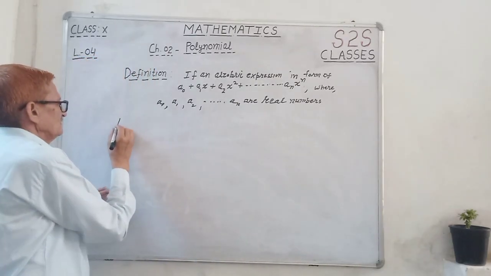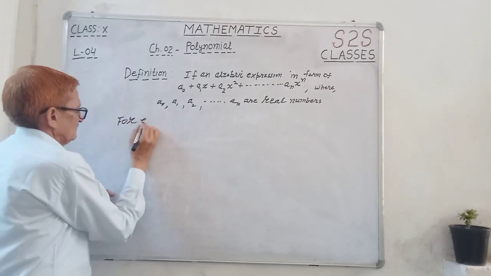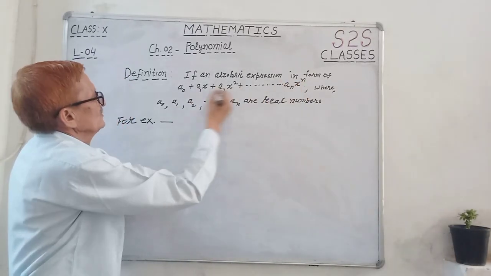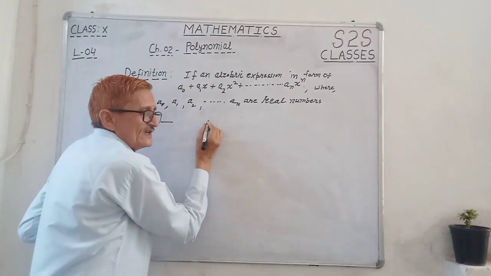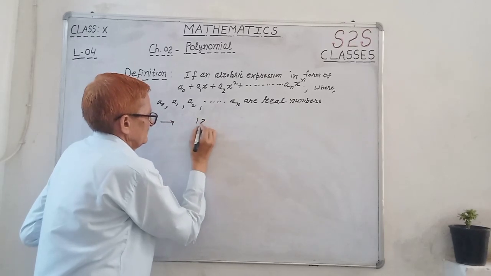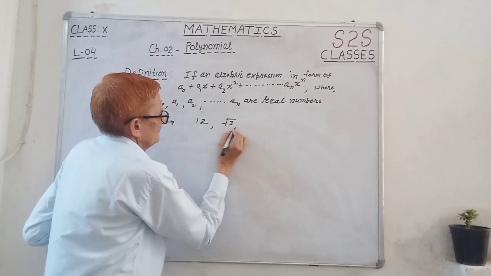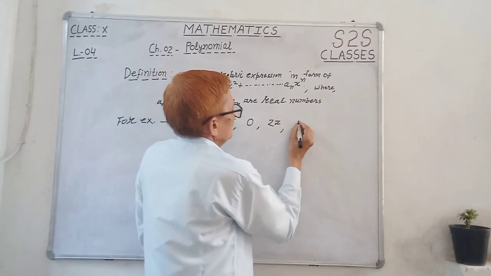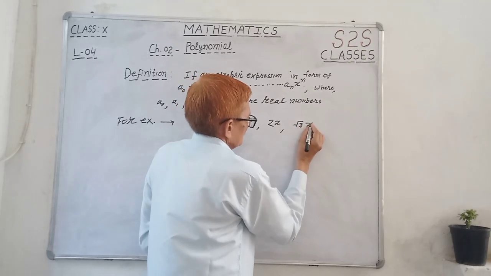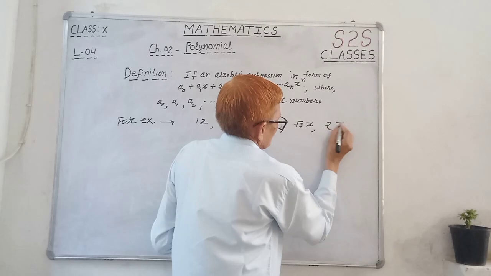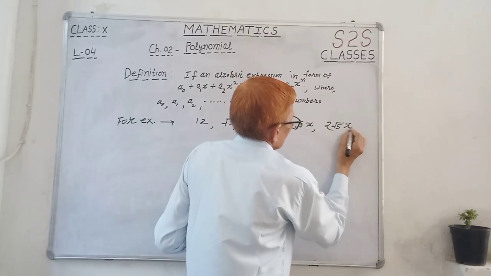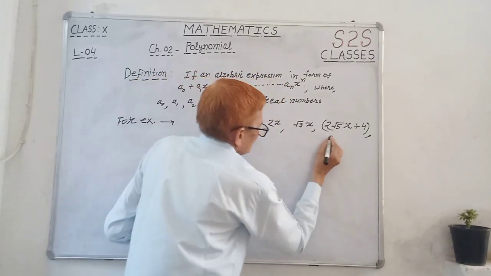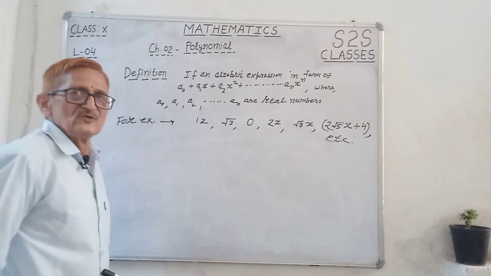Okay, for example, of the polynomial, you can say if any other term is not there, only a0 as a single term, meaning only a number is written, like 12, root 3, 0, then 2x, root 3x, 2 root 5x plus 4, etc. You may give many examples.